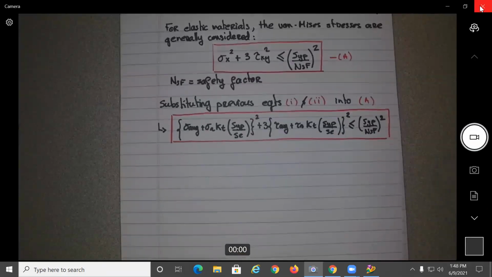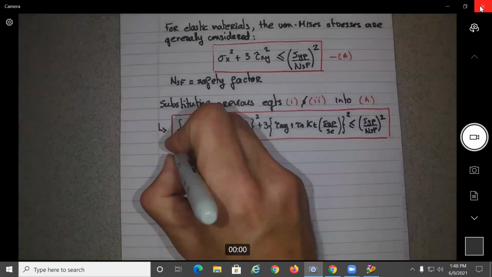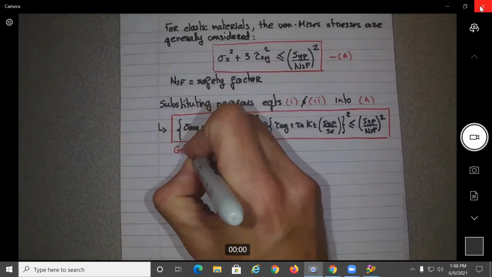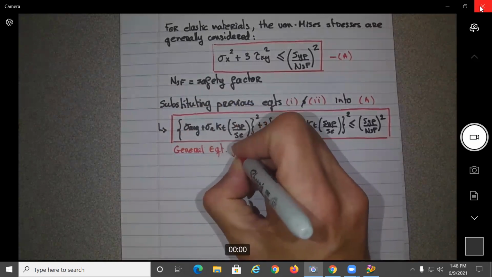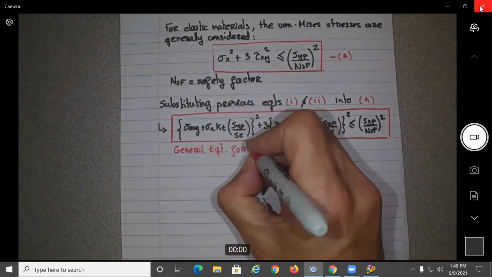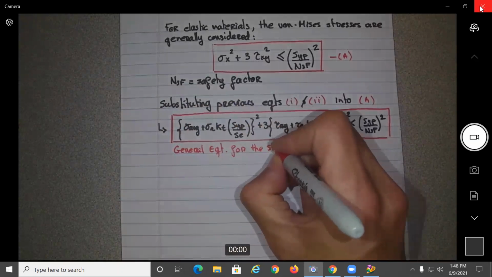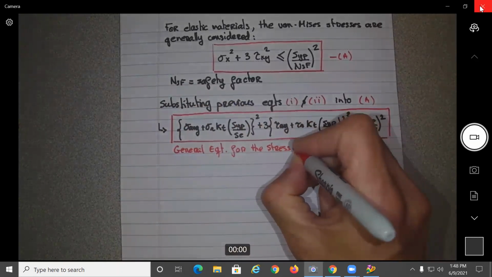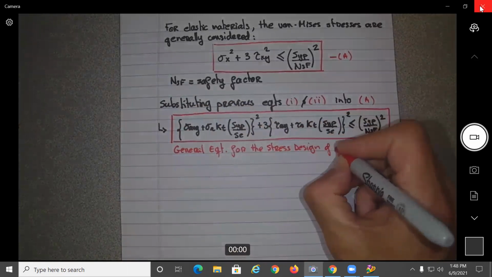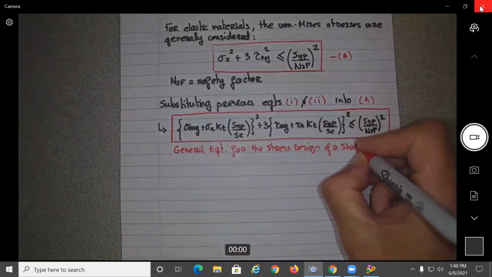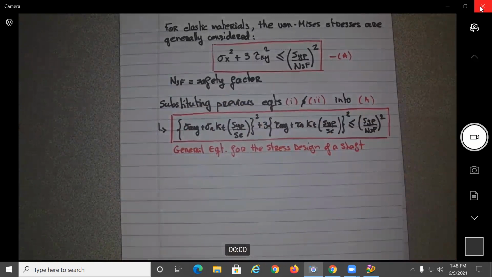Okay, so this is the general equation for the stress design of a shaft.